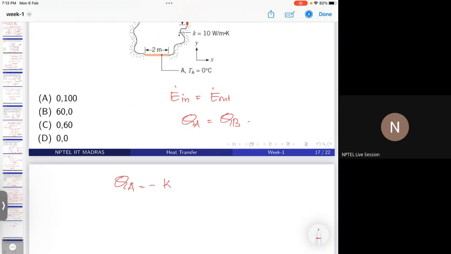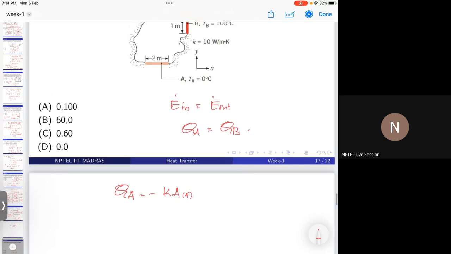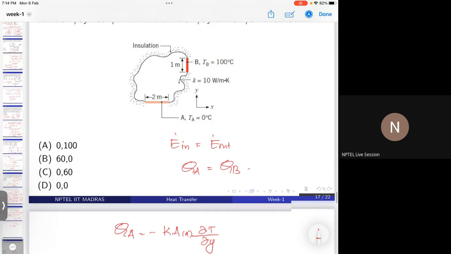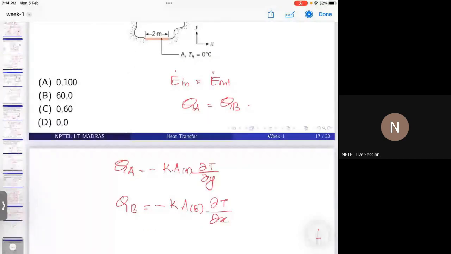Minus K, area at A, we can take unit depth, into dou T divided by dou Y. And QB is equal to minus K, area at B, dou T divided by dou X. This is at A, this is at B.